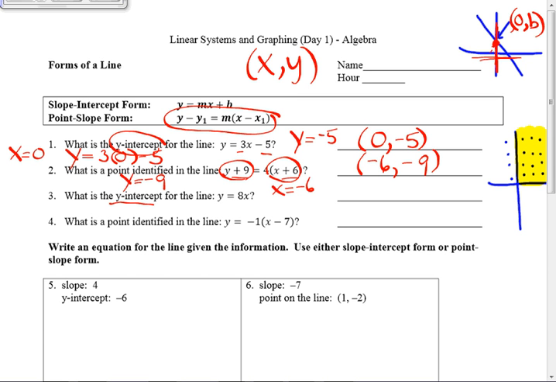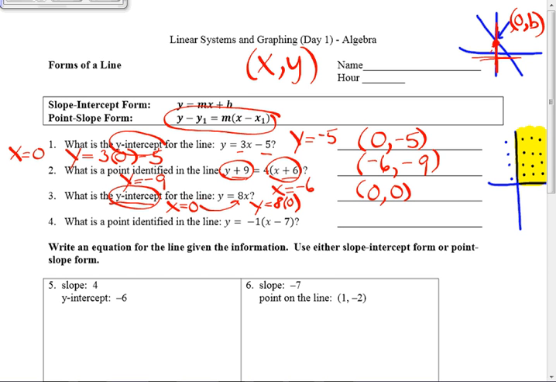If it's the y-intercept, it can't be y is 0. Well, it could be, but it's rare. So x is 0. So if it's asking for y-intercept, x is 0. If x is 0 and you substitute it in here, y is equal to 8 times 0. What's that answer? 0. X is 0, y is 0. I would really like to see you write that as an ordered pair.